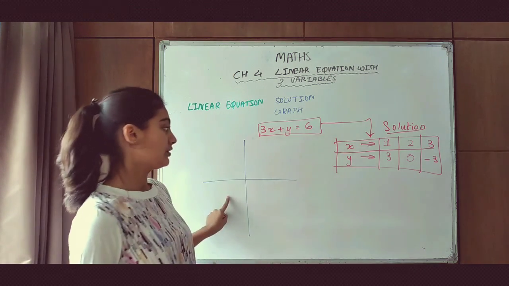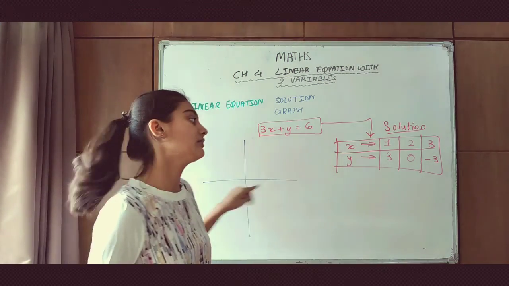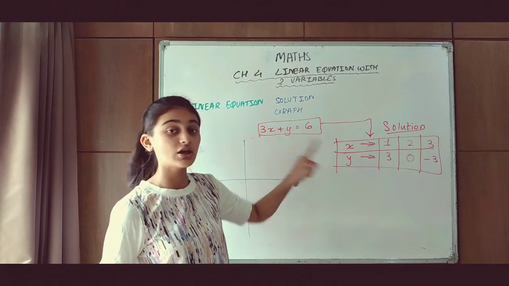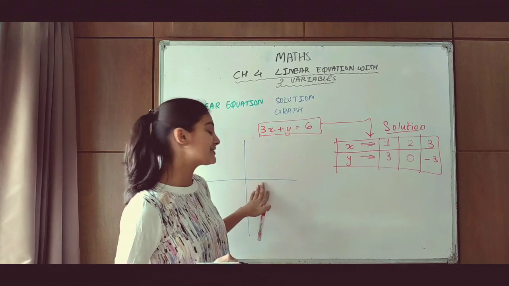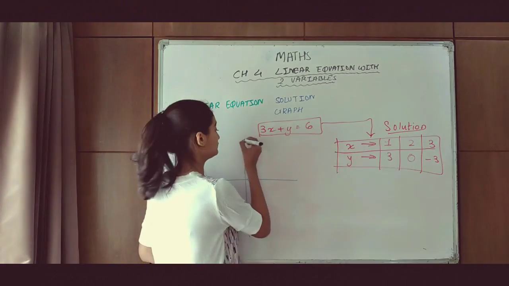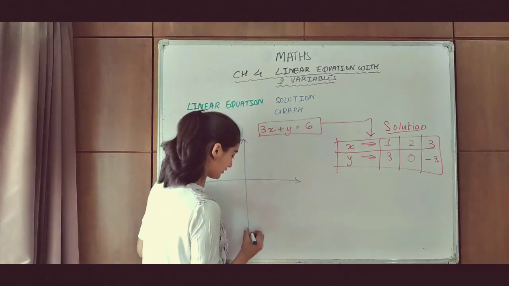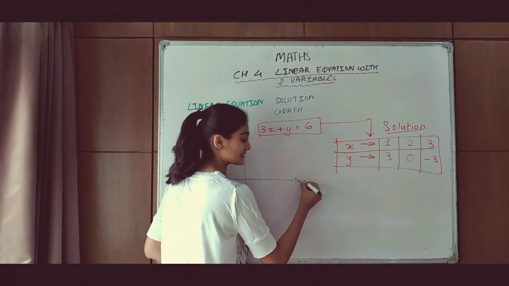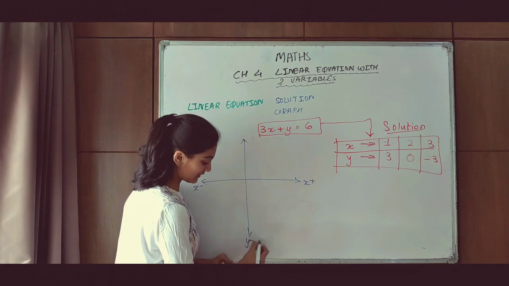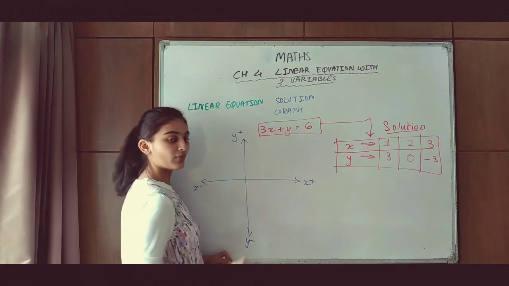We know that this is a Cartesian plane, so firstly we have the x and y axes. So it is understood that we have to draw it on a Cartesian plane. And we also know that the Cartesian plane has positive x, negative x, negative y and positive y.